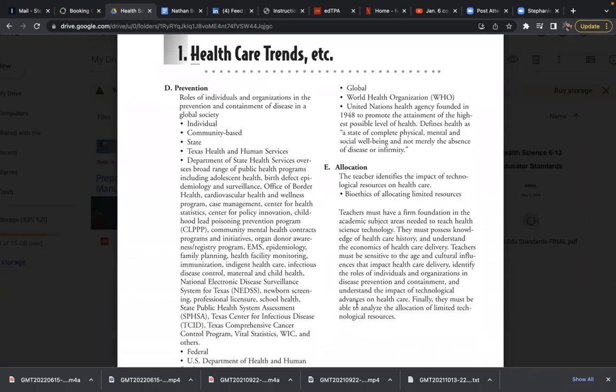The different roles in prevention, the layers of prevention to keep people safe: individual and community-based prevention levels, the free clinics, Planned Parenthood, state clinics and resources.